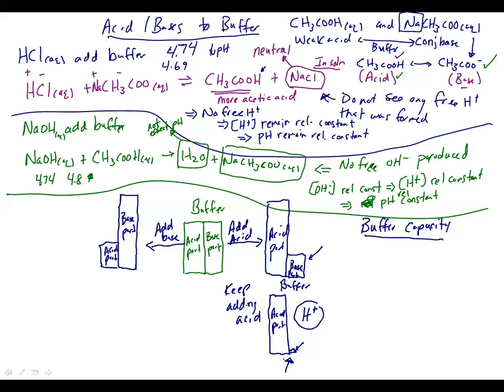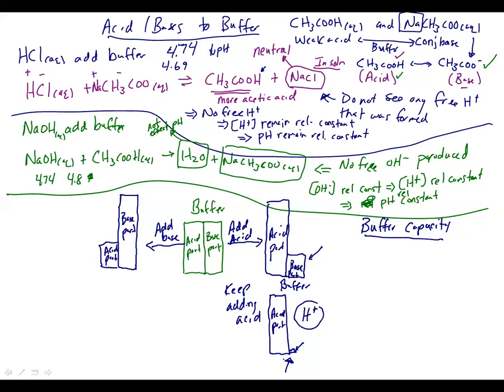Ultimately, what makes a buffer work is having a certain amount of weak acid and a certain moles of the weak base, or conjugate base, in there to react. But if you add way too much, it will blow right through it. So there is a thing known as buffer capacity. It is really based on the molarity of the buffer, and also obviously the molarity of what you're adding.